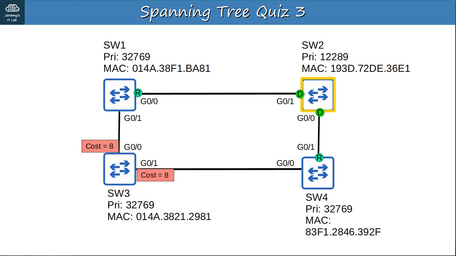Via G01, it has the same, a cost of 8, 4 plus 4. So we have to use the tiebreaker. Which neighbor switch has the lowest bridge ID? Switch 1 or switch 4? It's switch 1. The priorities are the same, but switch 1's MAC address is lower. So G00 is selected as the root port, and switch 1's G01 becomes designated.